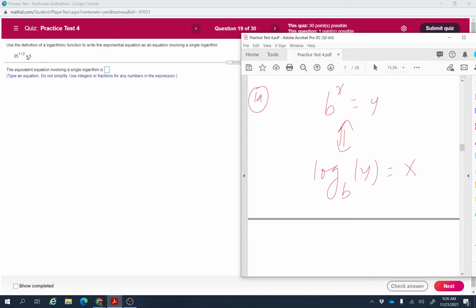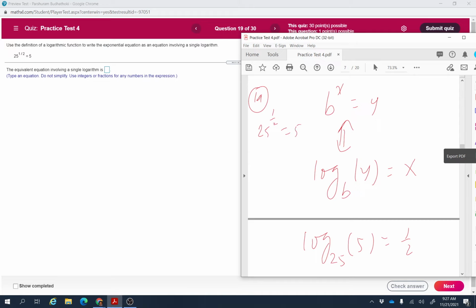So if you compare b to the power x equals y with this equation, then the base is 25, x is half, and y is 5. So the log definition would be log base 25 of 5 equal half. Look at here, 25 to the power half equal 5.